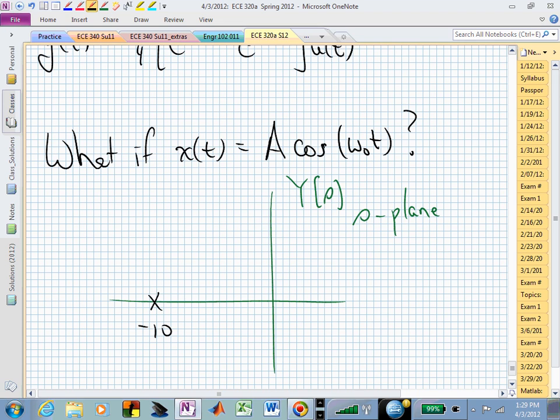If you Laplace transformed this x, what do you have? You have that, don't you? S over s squared plus omega naught squared with the gain a associated with it. Where are the poles?